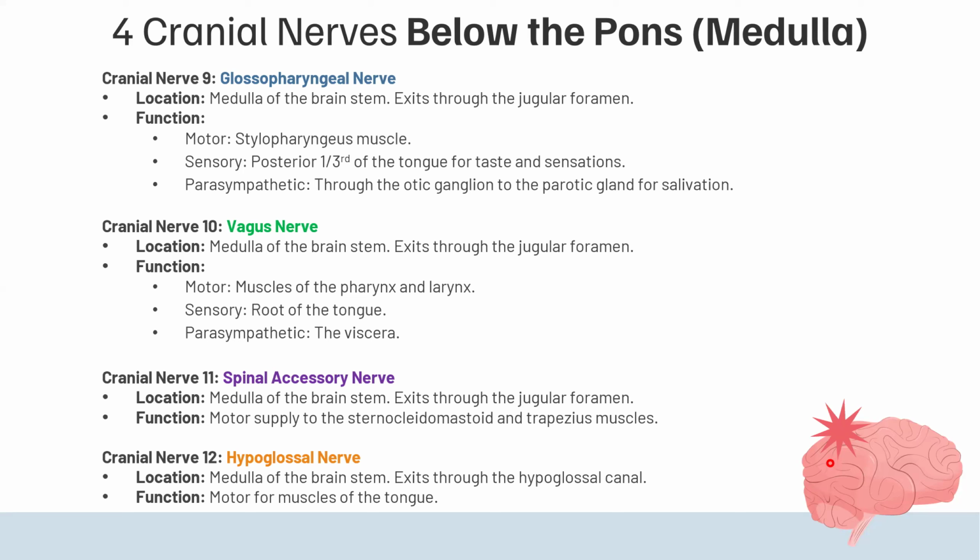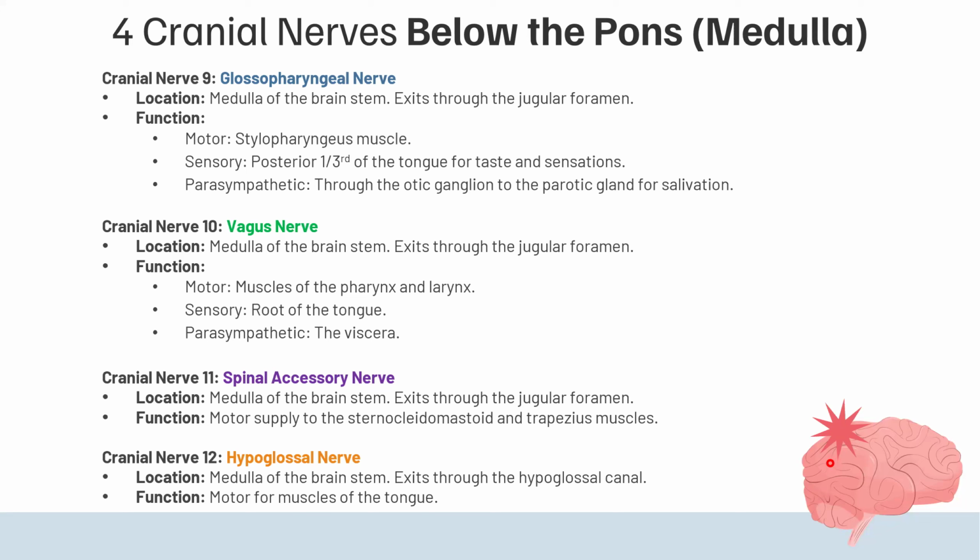All right? Then we have our vagus nerve, our vagabond, the one that is basically like the pro at everything, right? So the vagus nerve is going to come and pick up where the glossopharyngeal nerve left off. It's going to come supply the rest of the muscles of the pharynx and larynx. It's going to give sensation to the root of the tongue that the glossopharyngeal did not want to cover.